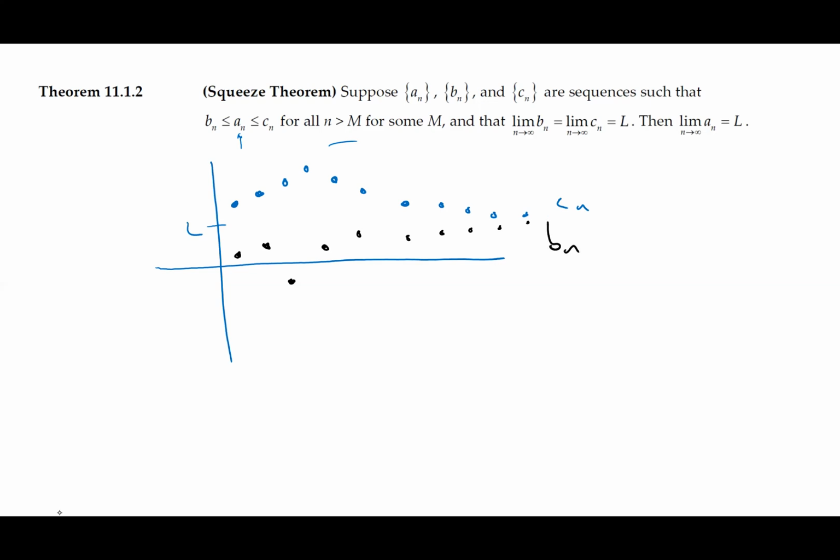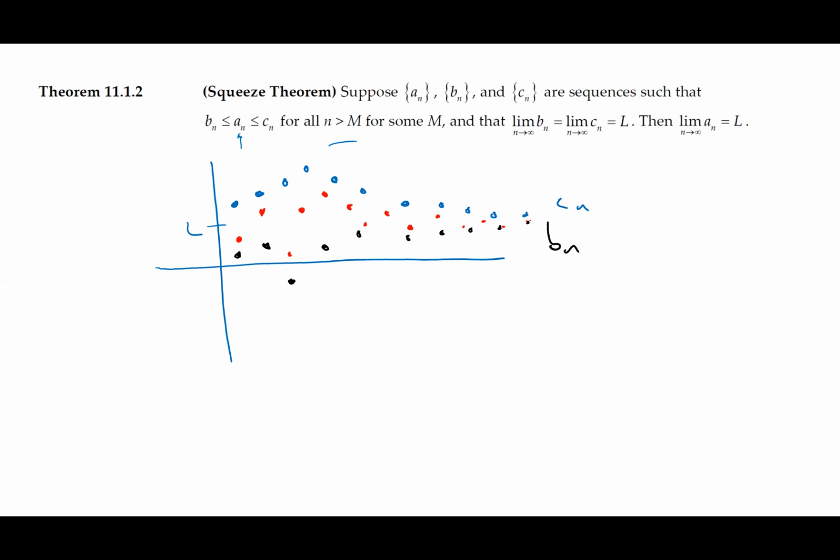And then a_n, if a_n is trapped inside, then because it can't go above c_n and it can't go below b_n, if b_n and c_n are coming together, then it's trapping the value of a_n. They have to have the same limit, okay? That's the squeeze theorem.